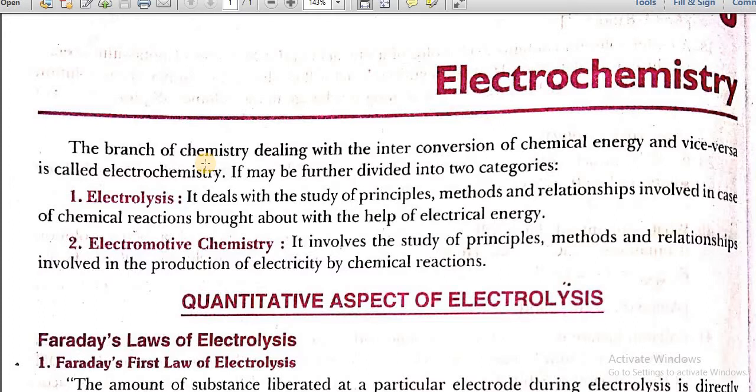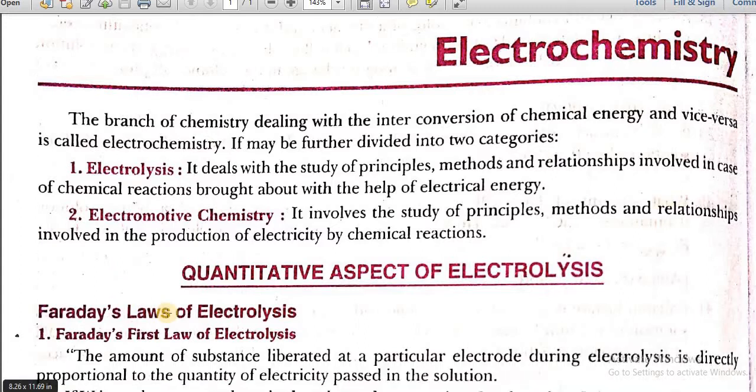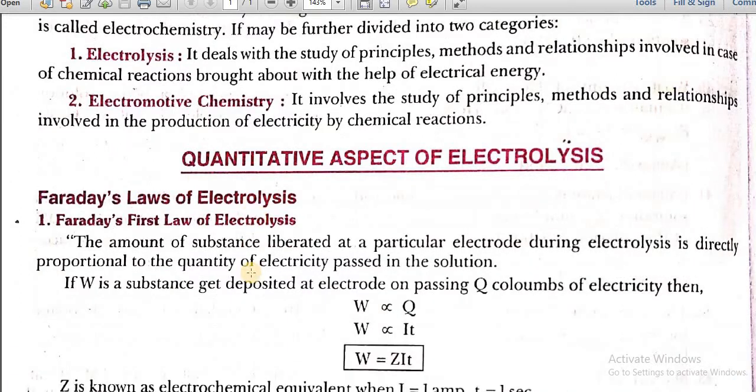Electrolysis is the process in which chemical reactions are brought about with the help of electrical energy. We have two very important laws of Faraday: Faraday's first law of electrolysis and Faraday's second law of electrolysis.